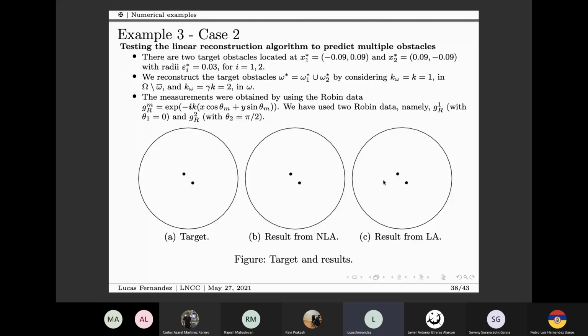And 2, the second order topological derivative, represented by the G matrix, does not have a strong influence in the reconstruction process. So we can, in fact, disregard such a term and proceed with the linear algorithm in the forthcoming examples.